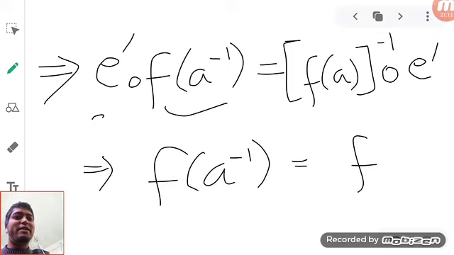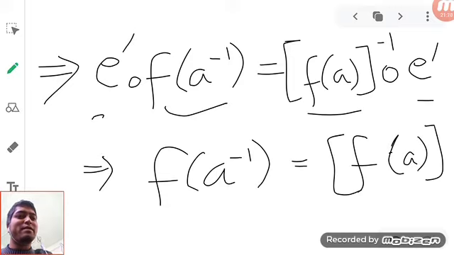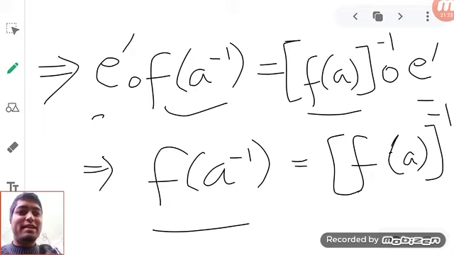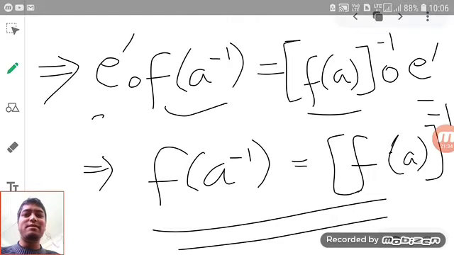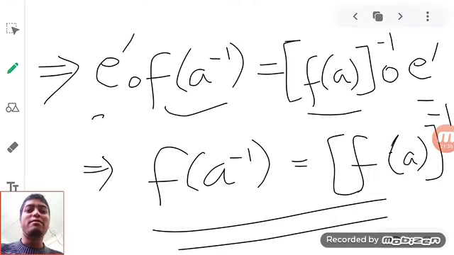And similarly over here, an element times the identity will leave you with the element. So this is very important. Again, this completes the proof. So the inverse of Fa will be F of a inverse. Again, very important. So with these two theorems, let us now look at some examples of homomorphisms.